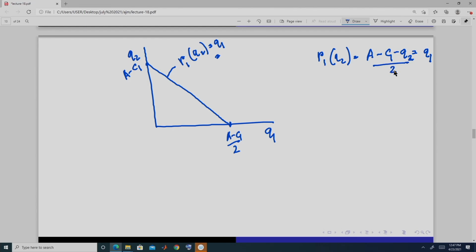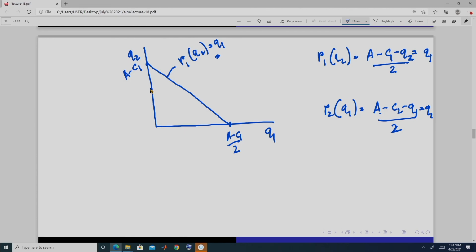Okay. Now, the reaction function of firm 2 is this. If Q1 is 0, it is (A minus C2) divided by 2, equal to Q2.